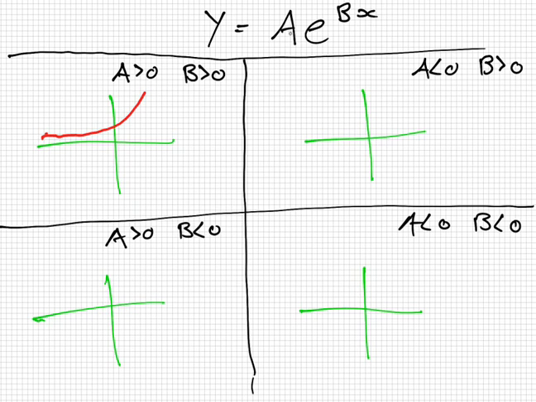If a is negative and b is positive, the graph goes like this. If a is positive and b is negative, the graph decreases like this. And if a is negative and b is negative, it's like this.